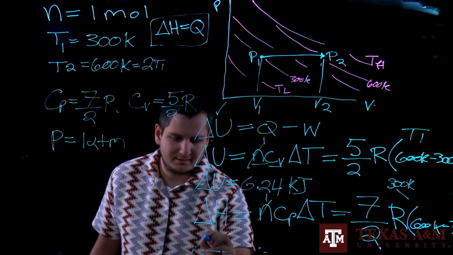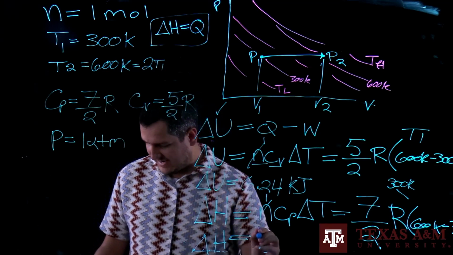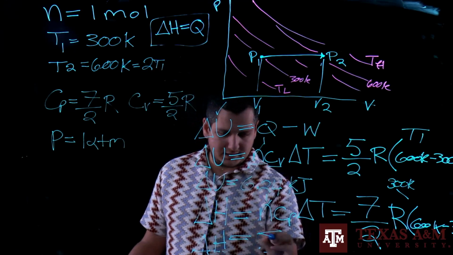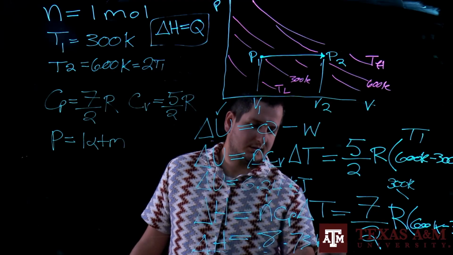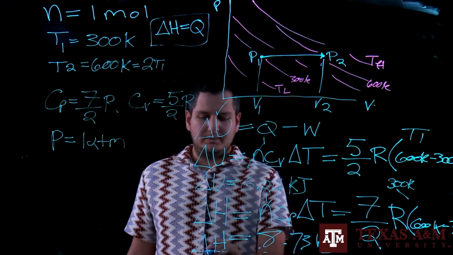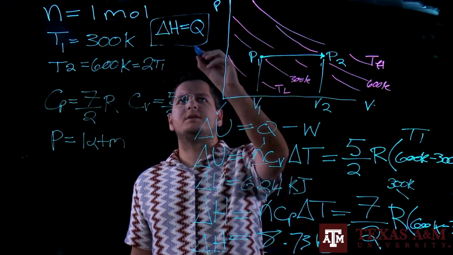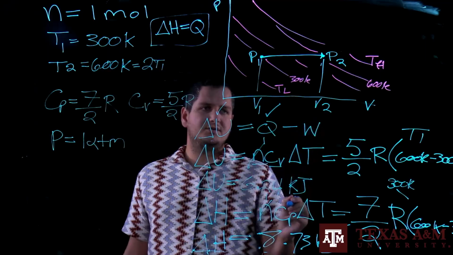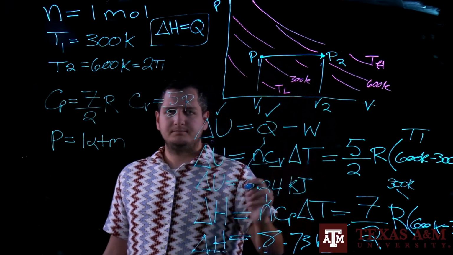So when we do the math, we will get that this is equal to 8.73 kilojoules for 1 mole. Okay, so we know delta enthalpy, the change in enthalpy, and we know that that's going to be Q as well. So let's write, we know Q as well. And then all we need to do is get work, this integral term, okay?